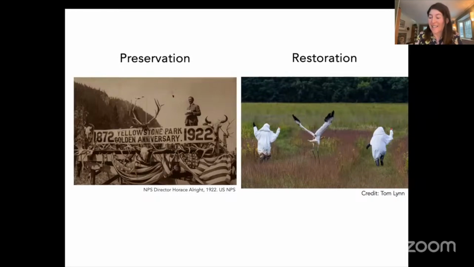Restoration is active. It's an attempt to undo a past or multiple past environmental harms. And its relationship to property rights is more complex, I'd argue, than that of preservation. It supposes the ideal state of nature involves human work. It supposes that other species will not be able to thrive into the future without that human work.